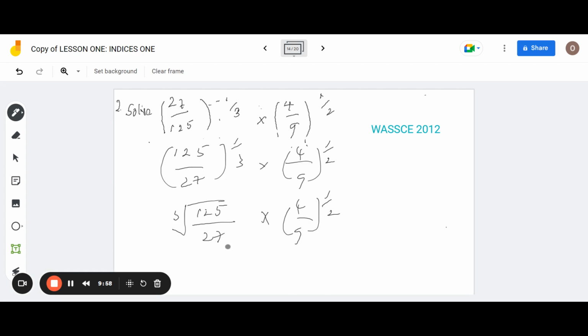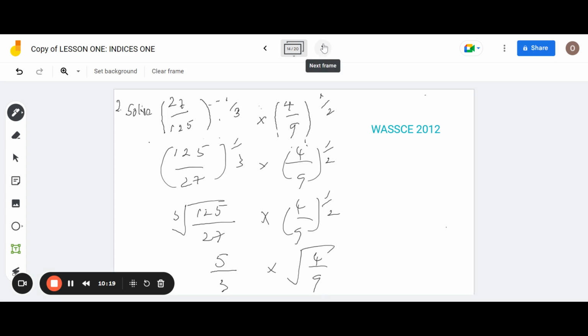The cube root of 125 is equal to 5. You multiply 5 in 3 places, you get 125. Then the cube root of 27 is 3. Then this one is times the square root of 4 over 9, and that is 2 over 3.